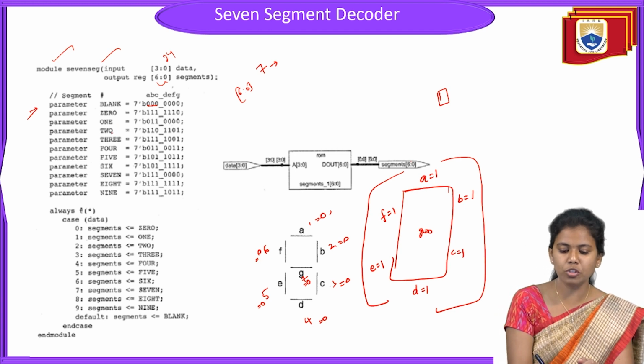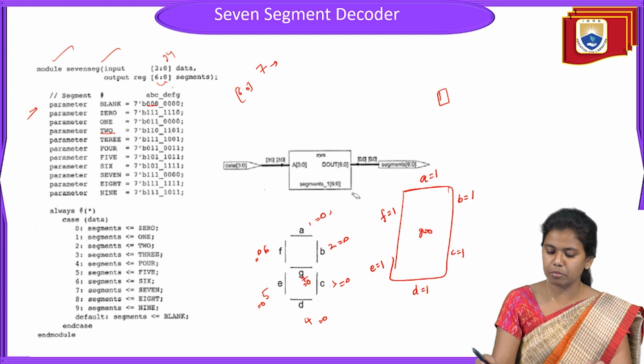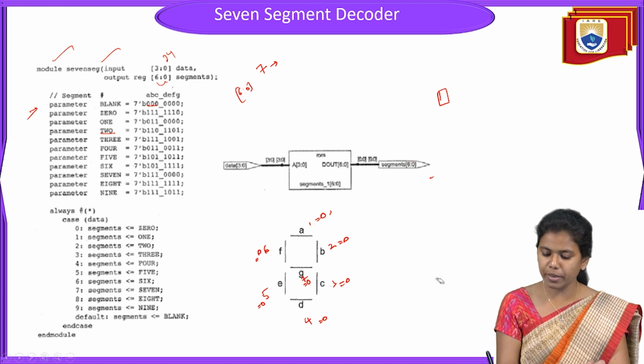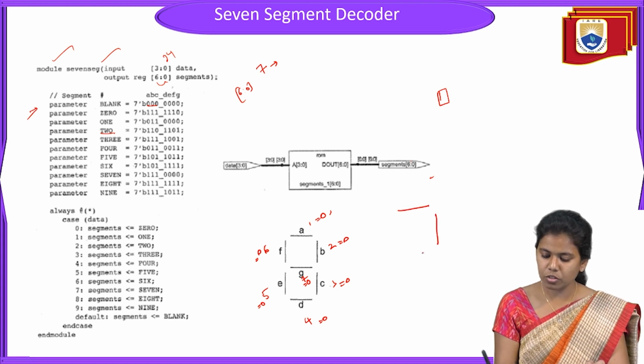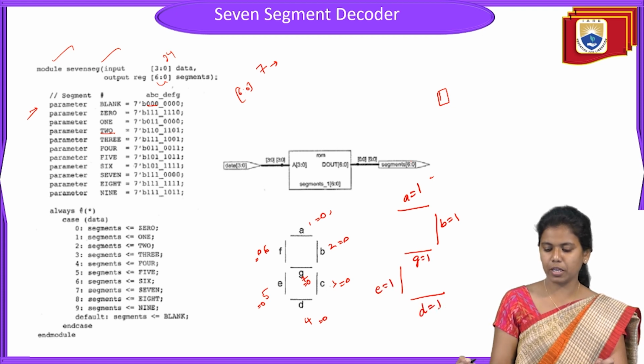When they are on, I can see a clear 0. Likewise, if you want to see the number 2, what should I do? Which segments should be enabled? 2 means 1, 2, 3, 4, 5. That means A should become 1, B should be 1, G should become 1, E should become 1, D should become 1.